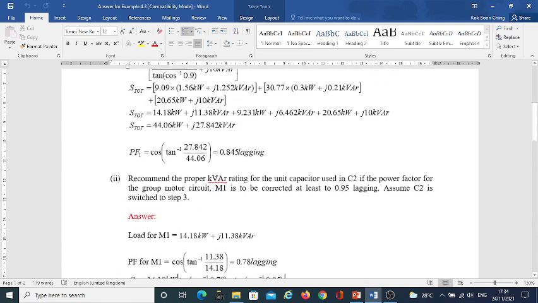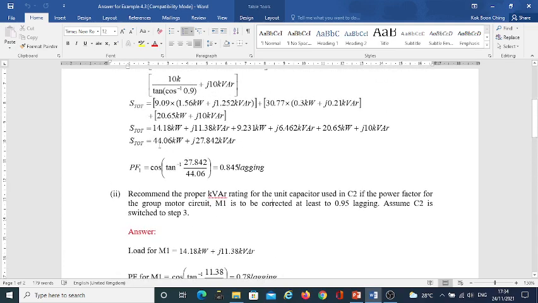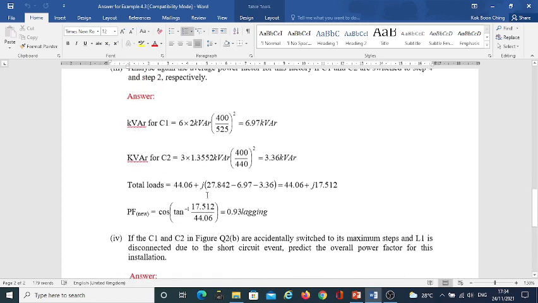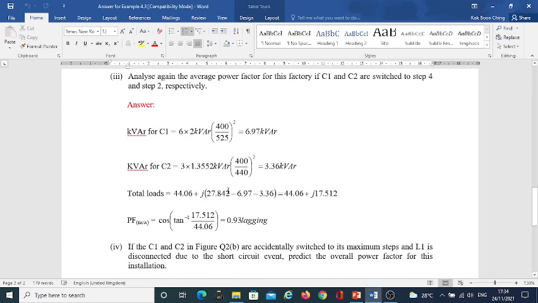But since we have the capacitor bank, or the power factor corrector, the Q has been changed. The original Q is 27, so now we minus, because we inject 6.97 from C1 and 3.36 from C2. So that's why we compensate this much.